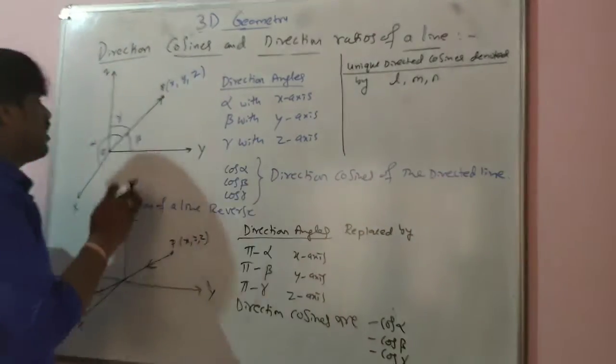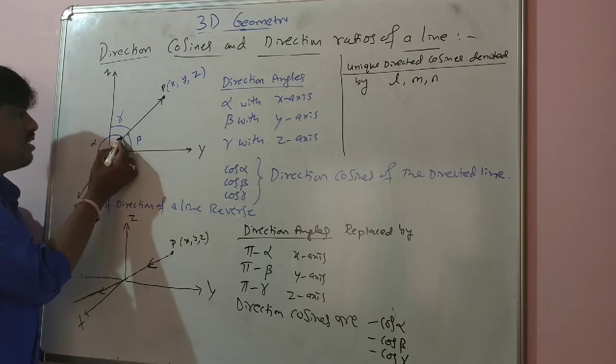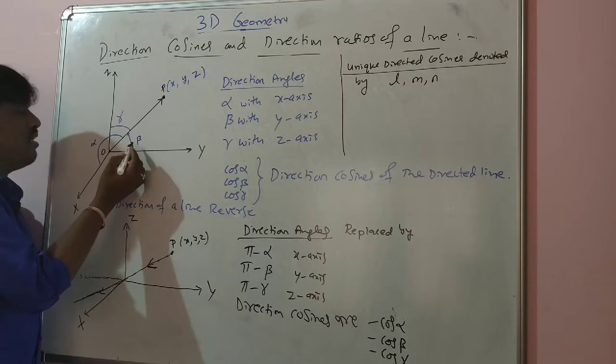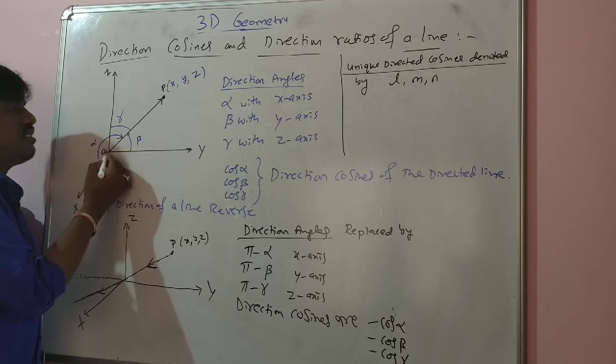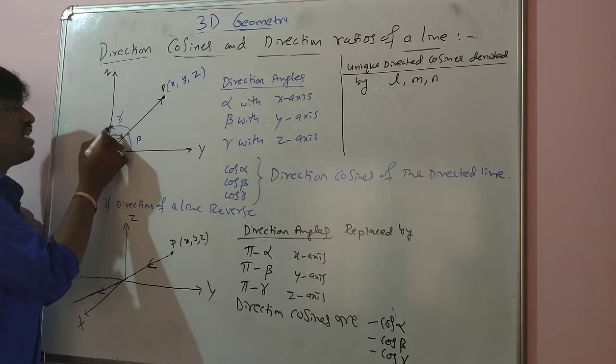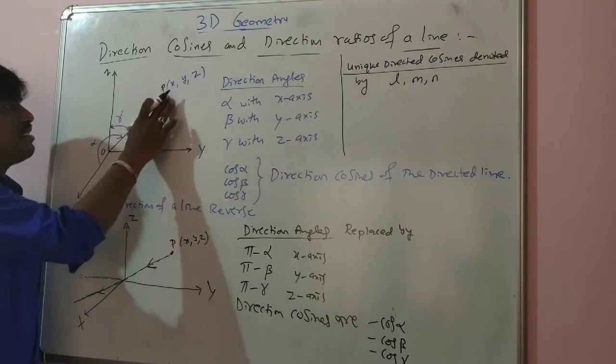So this is a vector, and it makes an angle with the x-axis, with the y-axis, and with the z-axis.